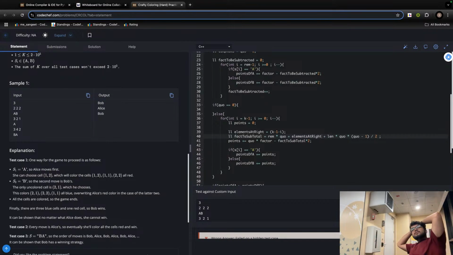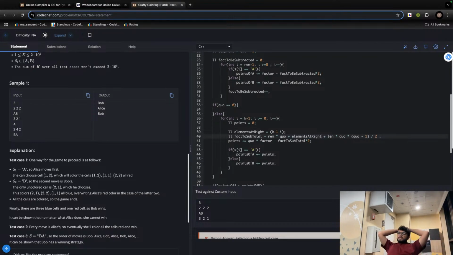So the remainder was 4, right? 4 into 3, 12, 5, 2, 6. 6 is correct. Q has 1, into length.